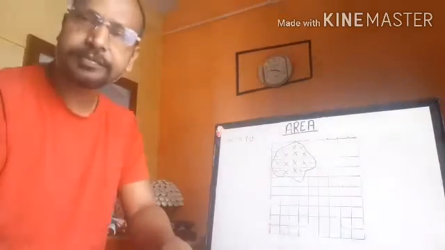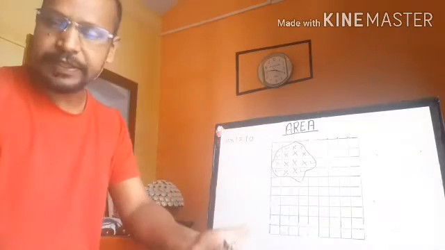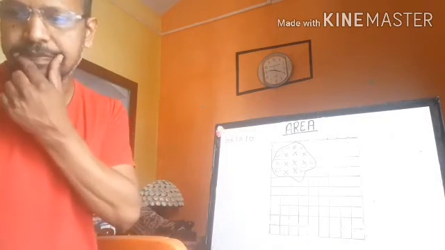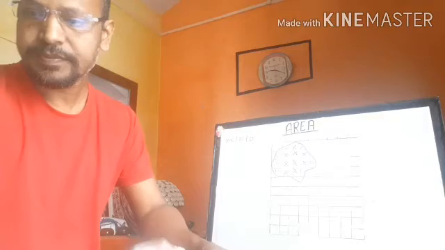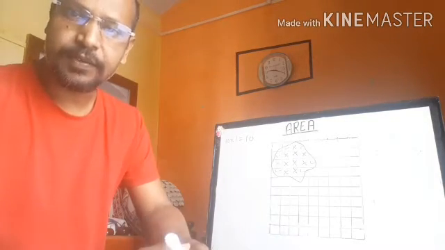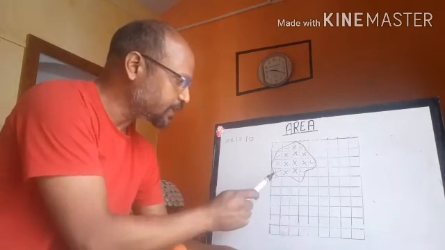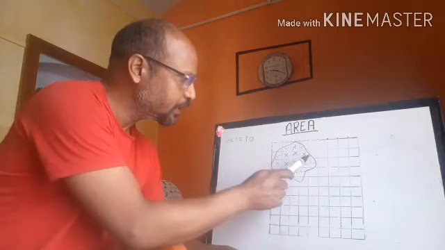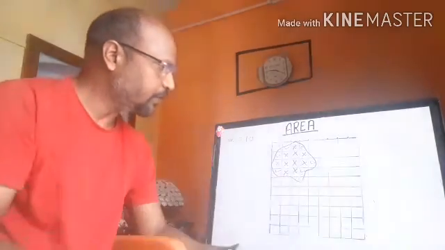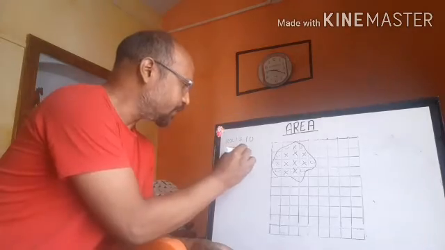Squares more than half, you will take them also as complete. So more than half, with the right sign, are 1, 2, 3, 4, 5. So 5 into 1 is 5.